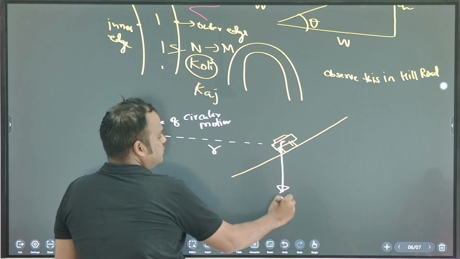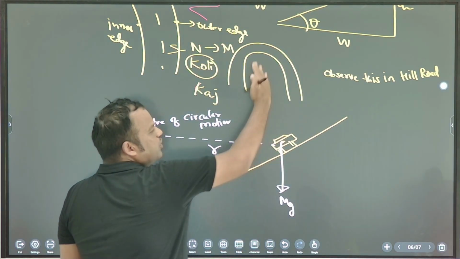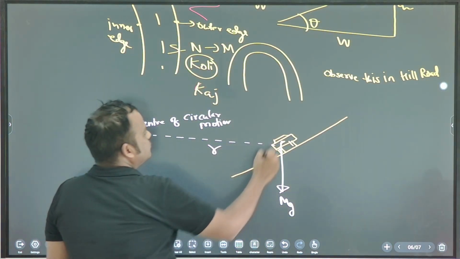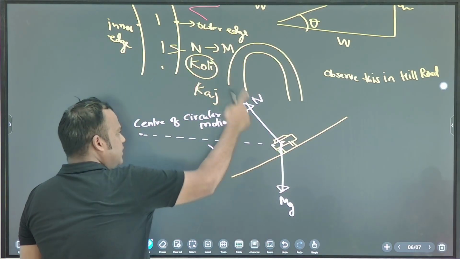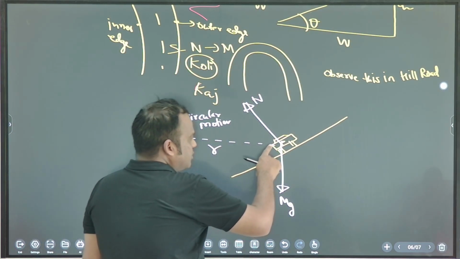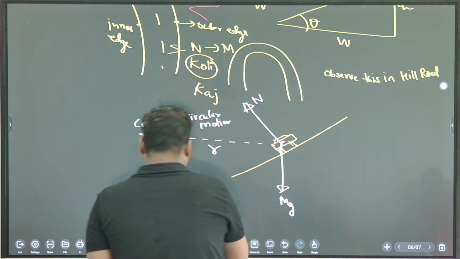Mg downward. Will the normal be up or inclined? Normal will be inclined. Good. So real forces. Now the imaginary force. What is that imaginary force?